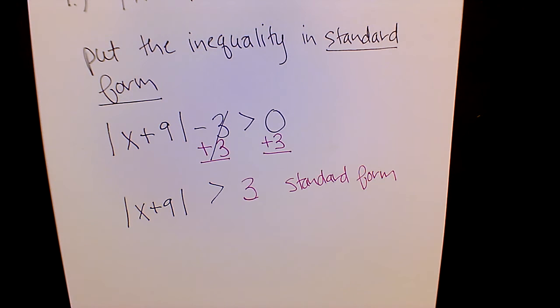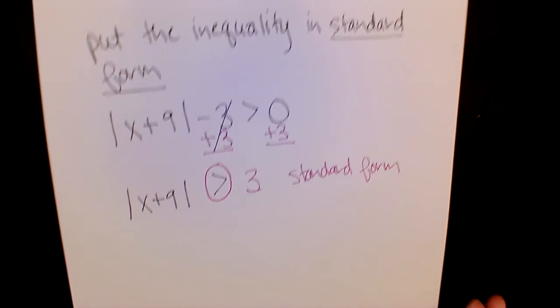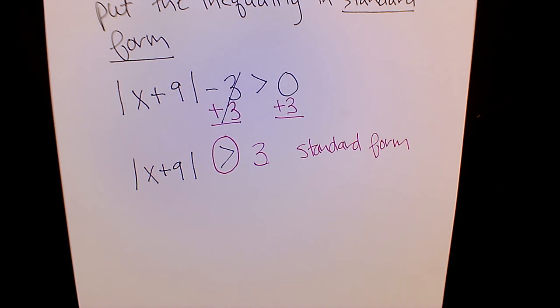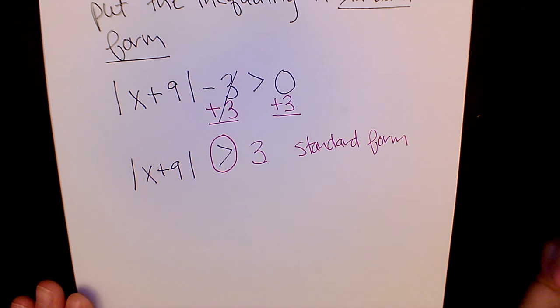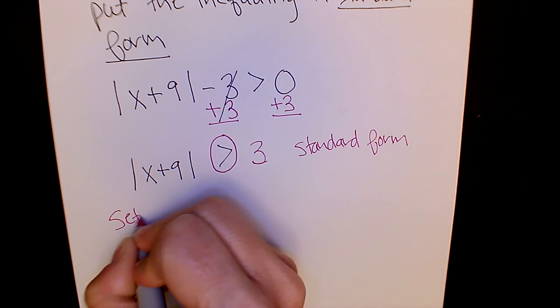Now, let's look. We've got a greater than. So when we see an absolute value with a greater than, we know we're going to be using an or. Okay, and we're going to set it up like this.